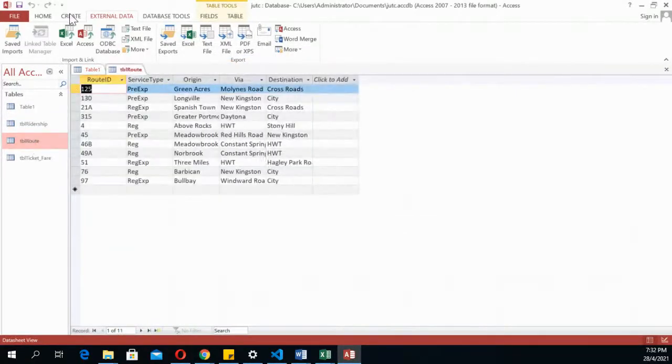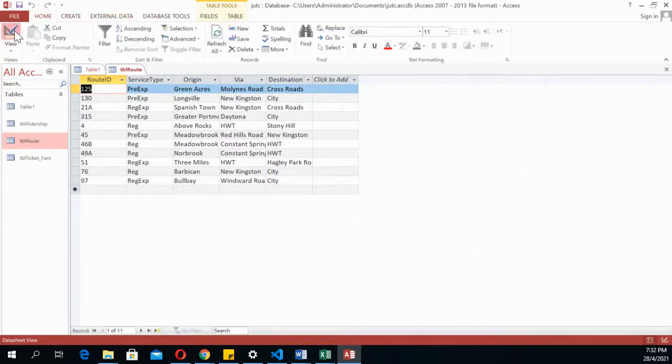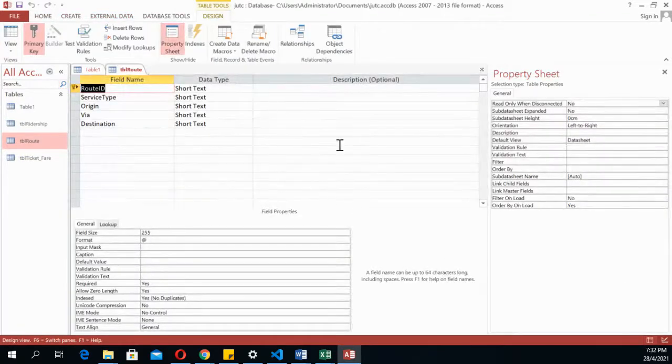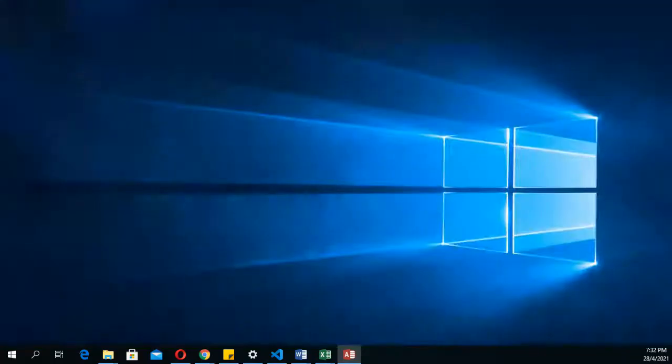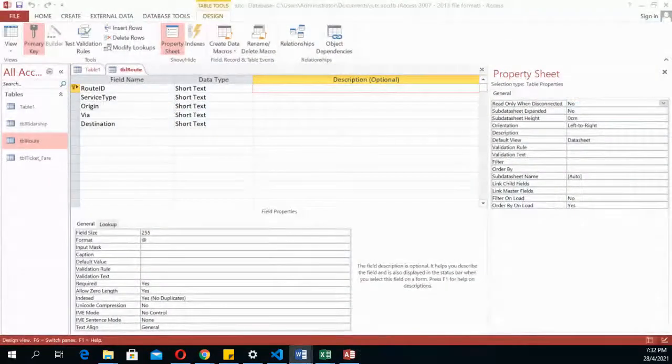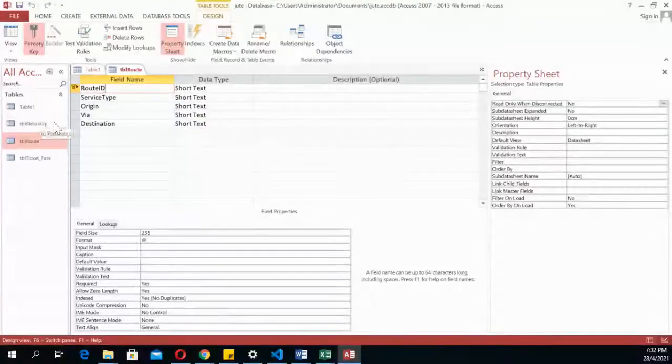So let's start with the route, and we're going to the design view of the table. And so guys, you're not going to kill yourself for these in terms of the description. You're not going to put in that. The only thing you need to do is ensure, so I'm going to give you not so much a quick way, but the approach that you should take for it. The primary keys and foreign keys, those are fixed properly. So if you're strapped for time, you ensure, say, you fix route ID here, and then when you go in the other table, you fix where the route ID is.